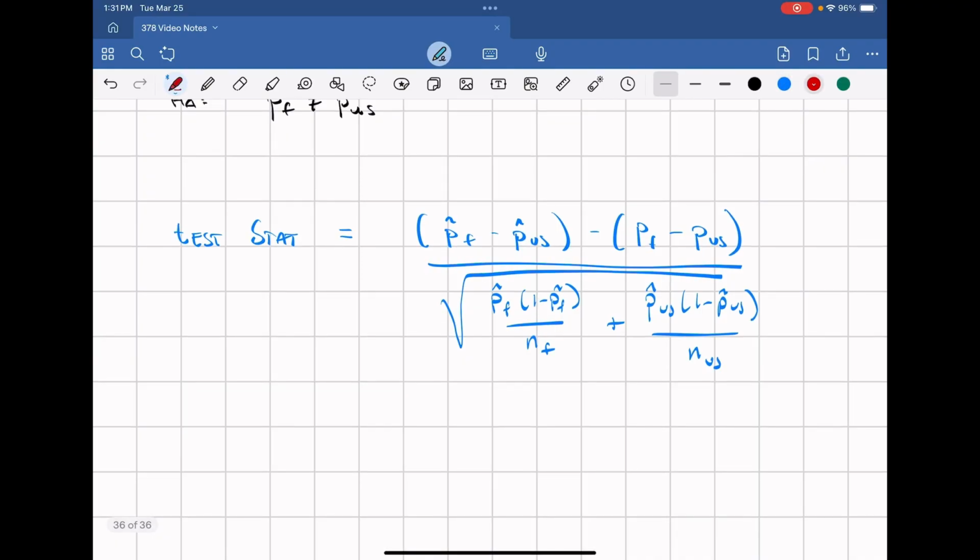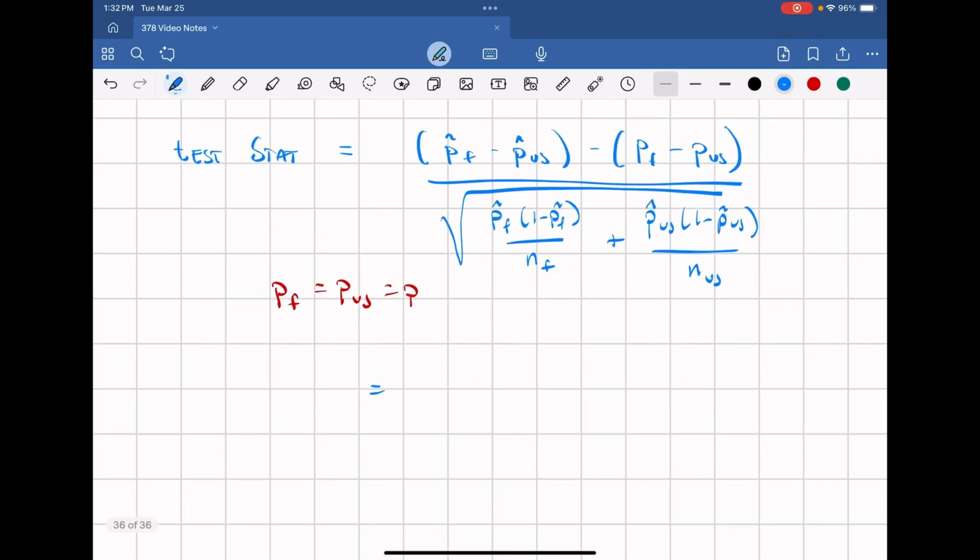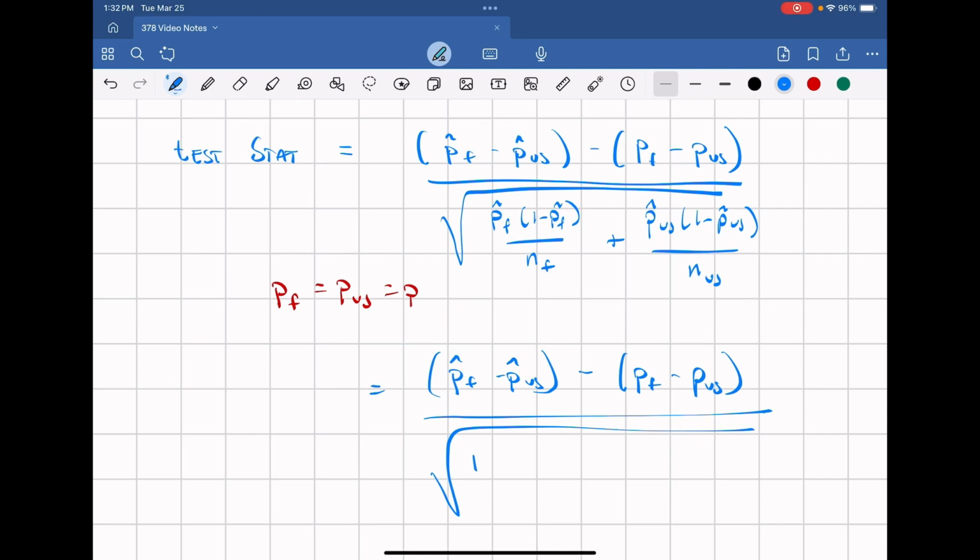But now, because I've imposed by my assumption that PF equals PUS equals P, I can simplify this to P hat F minus P hat US minus PF minus PUS over, and now I can factor out a P times 1 minus P, times 1 over NF plus 1 over NUS.